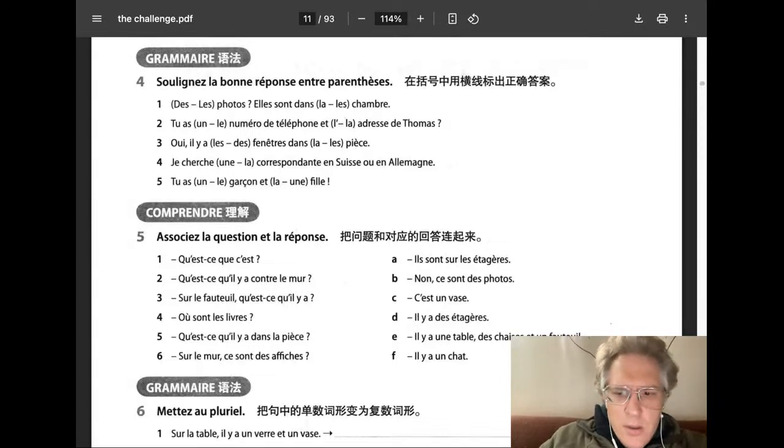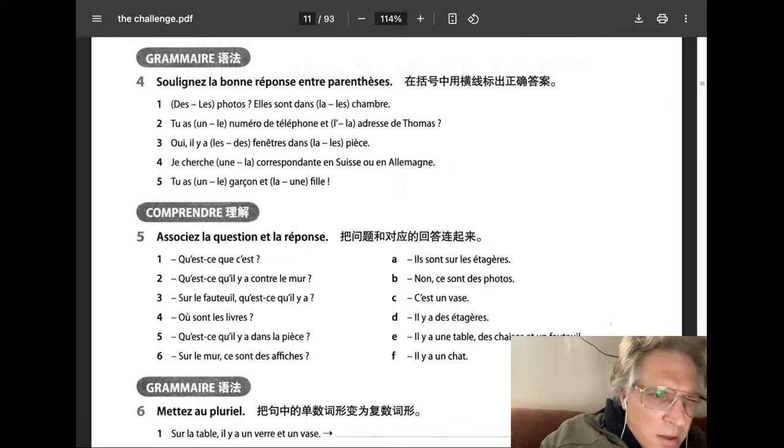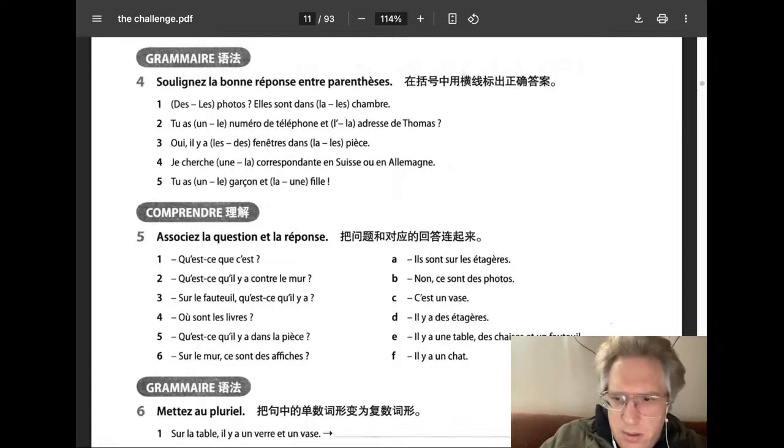Des fenêtres. Is it the fenêtre? Some windows in the room.